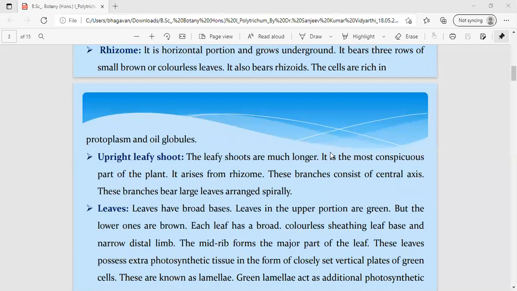It consists of a central axis which develops from the nodes of the rhizome region. The central axis is also divided into nodes and internodes, and from the nodes we can see small lanceolate leaf-like structures which are spirally arranged around the node of the central axis.